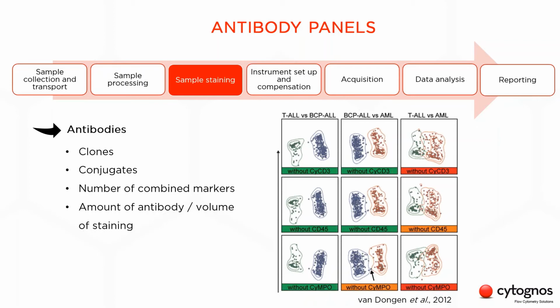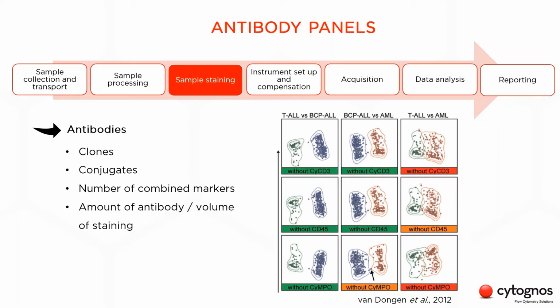So these are multidimensional plots showing cases of T-ALL in green, BCP-ALL in blue, and AML in red. And all these cases were stained with the EuroFlow acute leukemia screening panel.